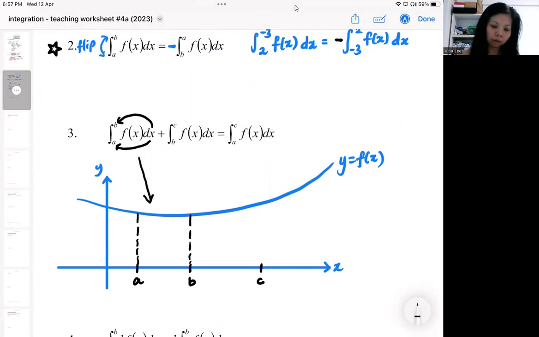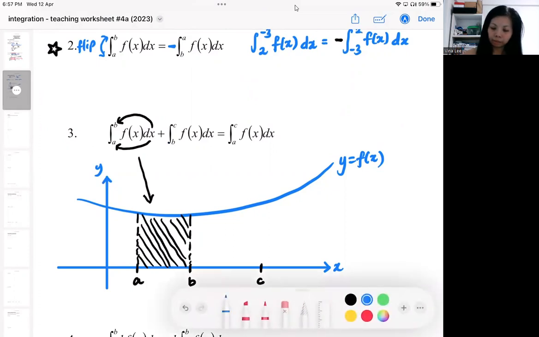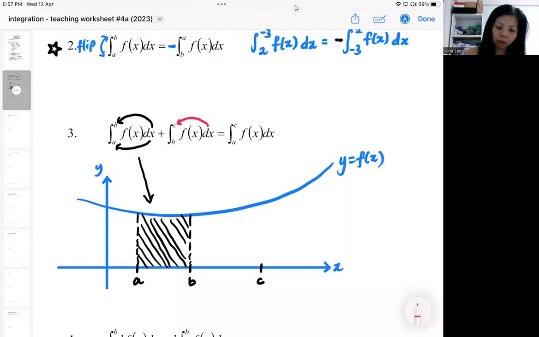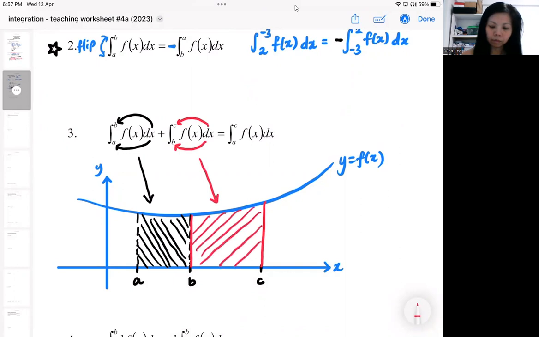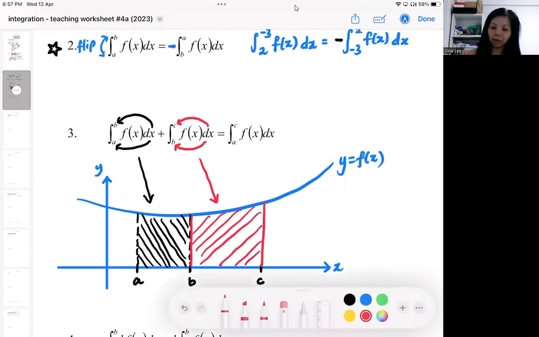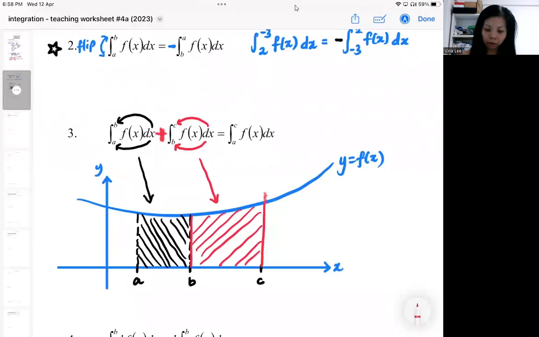So this is this piece of area. Okay, then here, x equal to c and x equal to b. It will be this piece of area. So these two pieces of area is actually the same as, take a look. If you add up these two pieces of area, it will be the same as from x equal to c all the way to x equal to a. So you're adding up the two pieces of area.